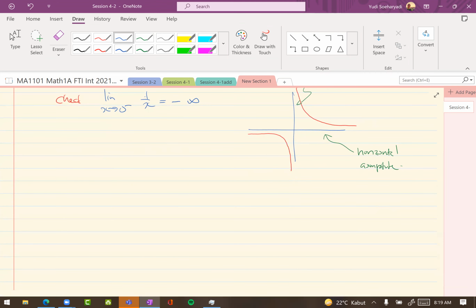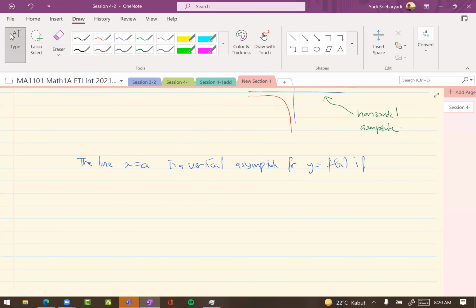So the line x equals a is a vertical asymptote of y equals f of x if any of the following occurs.